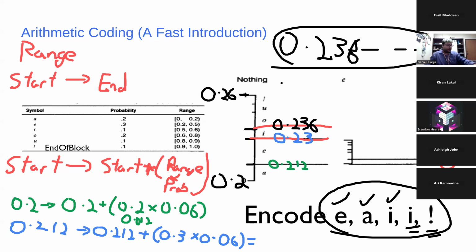That's how this works. It keeps getting narrower until you just get one value, and that's what you send. Or rather, not smaller and smaller, but more and more precise, with more decimal points. Yes, right.